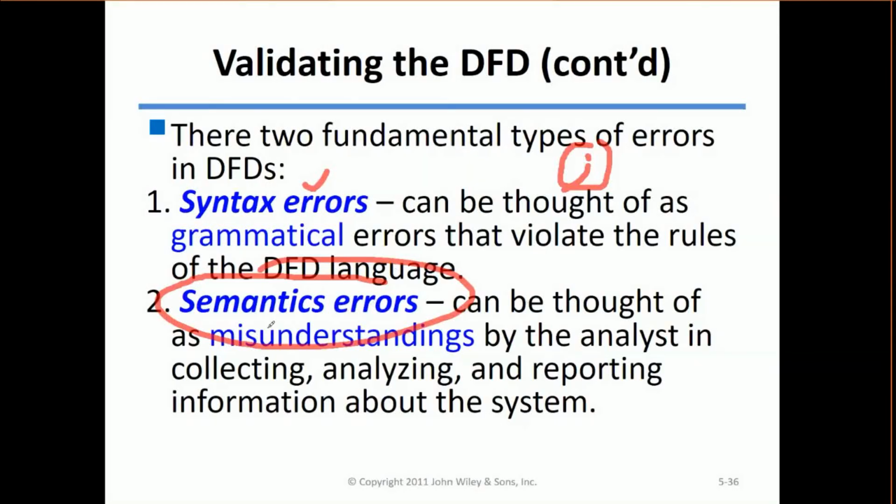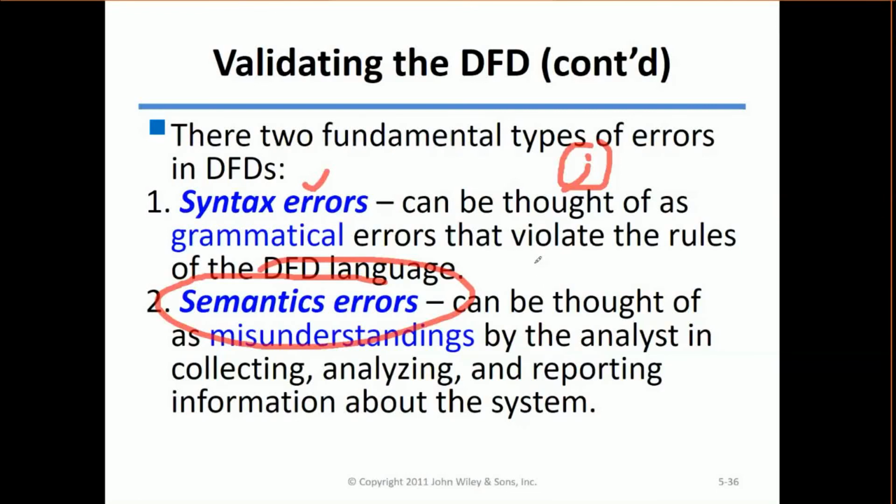In case of analysis, a semantic error comes from misunderstanding the discussion with the client. When you are interviewing the client, or designing the use case diagram, you misunderstood the client's demand.